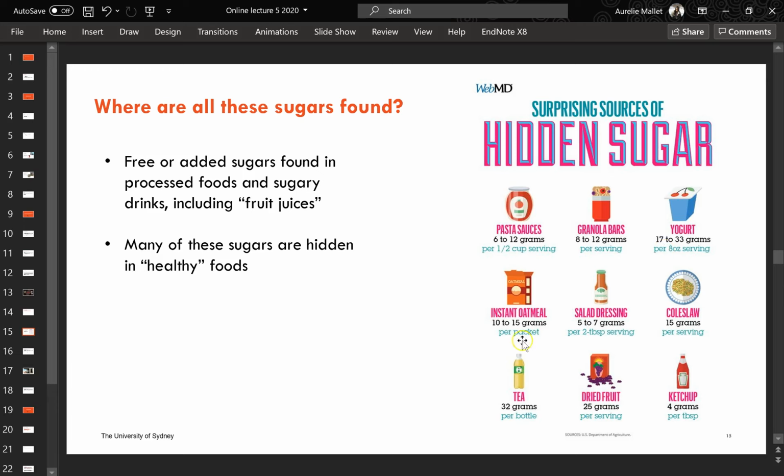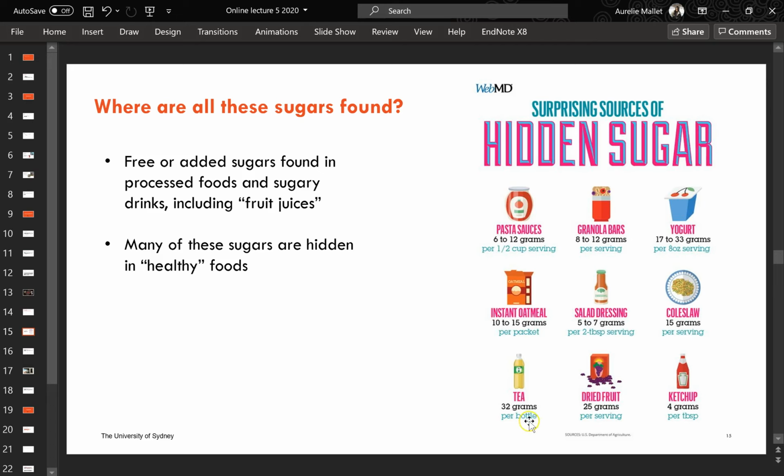Instant oatmeal as well. Oatmeal is marketed as a healthy food, but there are different types of oats. The ones that you buy in sachets, the instant ones, can contain nearly 4 teaspoons of sugar. Salad dressing as well. Again, not something you would associate with sugar, but it does have it in there.